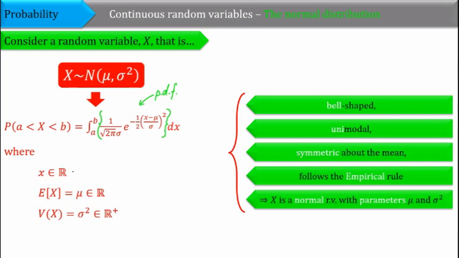In the case of our normal random variable, X can be absolutely any value, anything on the real line. The expected value of X, which is our mean, is equal to mu.